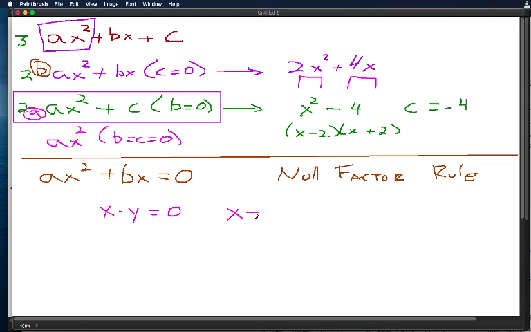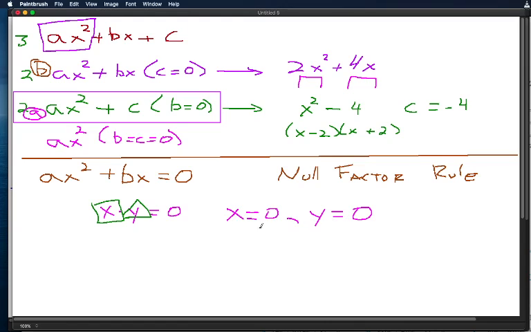X would have to equal 0, because 0 times y would be 0, or y is equal to 0. So whenever I have one block here and I multiply it against a separate block, okay, so these are attached with multiplication, I can separate them and equate them both to 0.